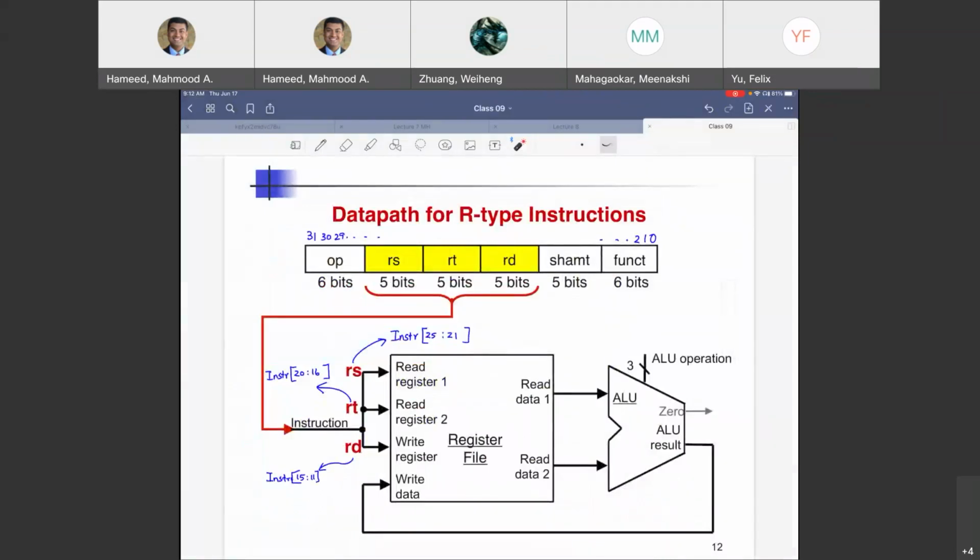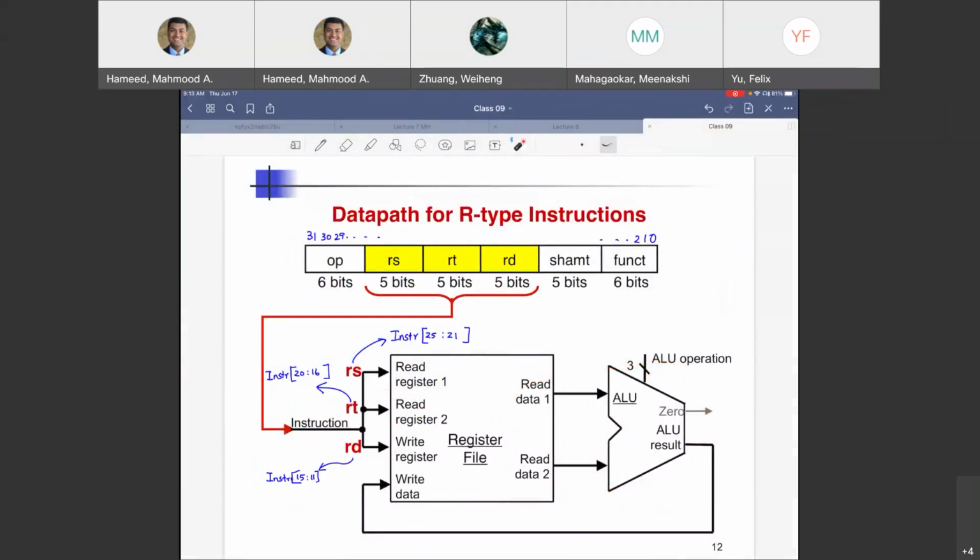So for the R-type instruction, all we need to worry about is arithmetic or logical operations, right? So where do they happen? They happen at the ALU. Read data 1, which one? RS. Read data 2, which one? RT. Perform the ALU operation, add, subtract, or whatever you have.